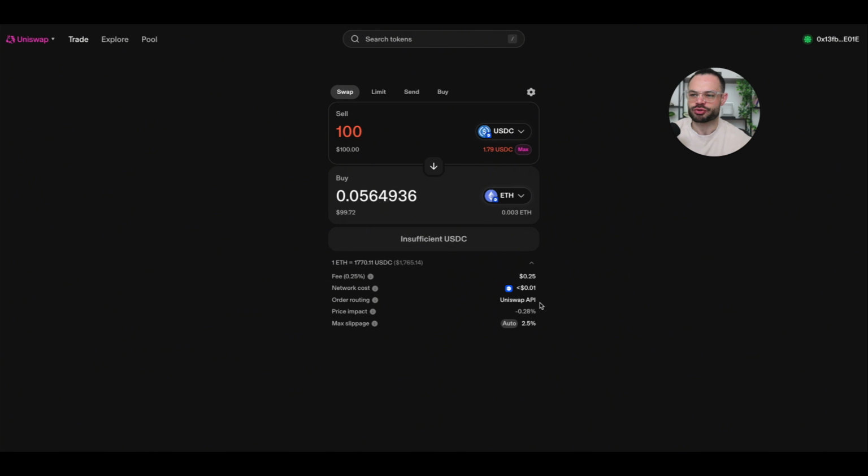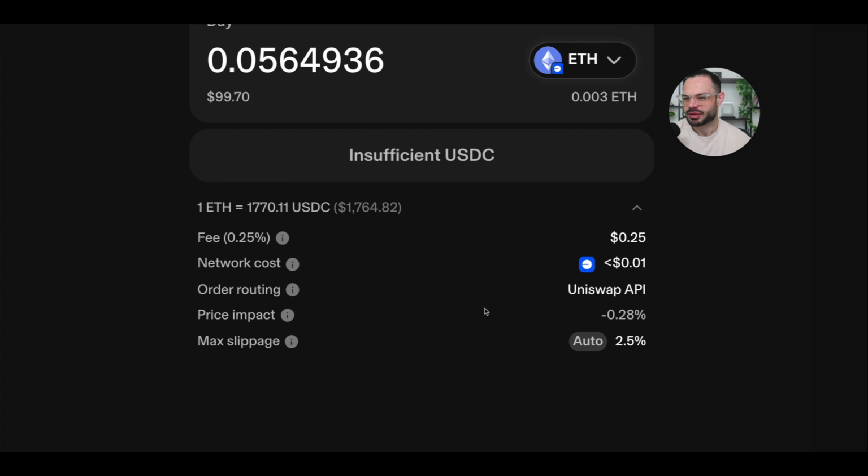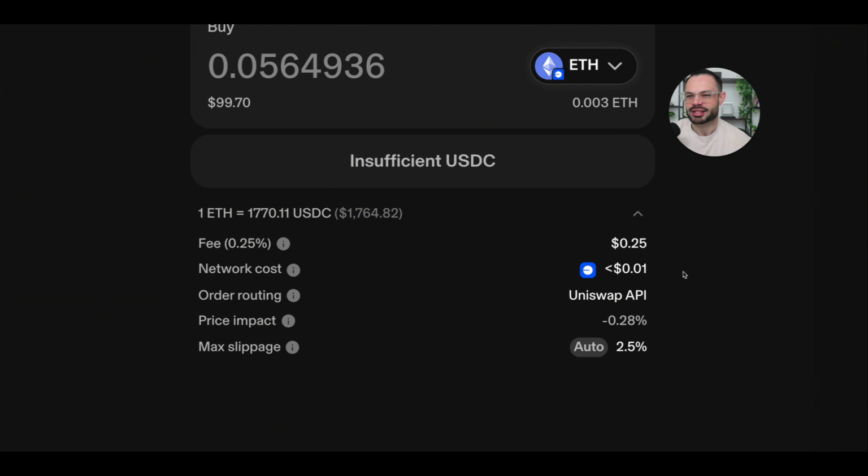I really want to draw your attention to something at the bottom of the screen here, which is these fees. You'll notice there's a couple of different fees here that a user must pay in order to actually execute this type of swap on chain in a decentralized manner. The first cost you'll notice is this 0.25% fee, which is essentially the fee tier that this particular transaction is getting routed through.